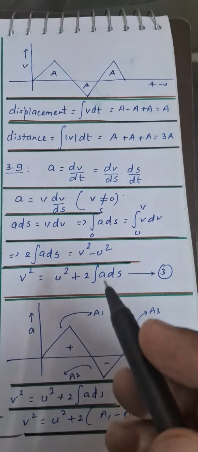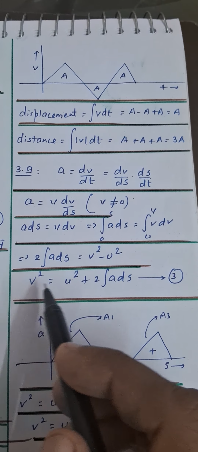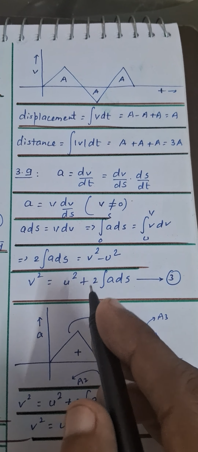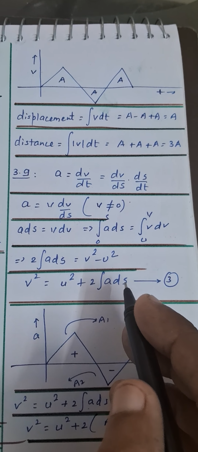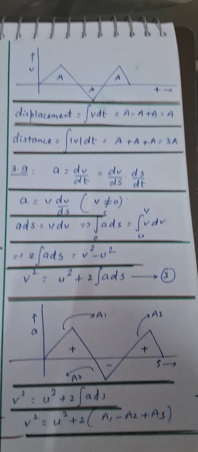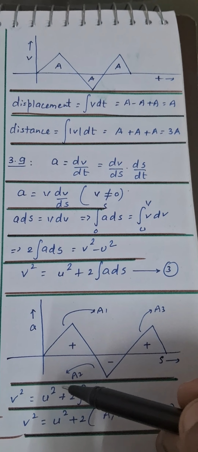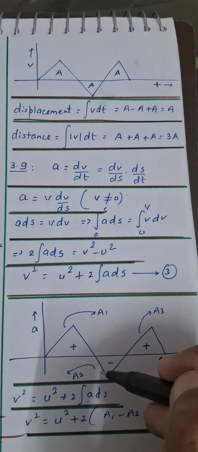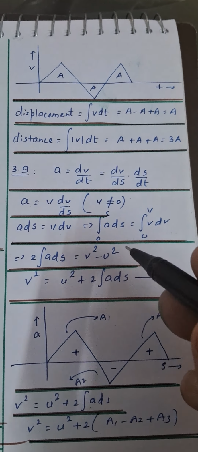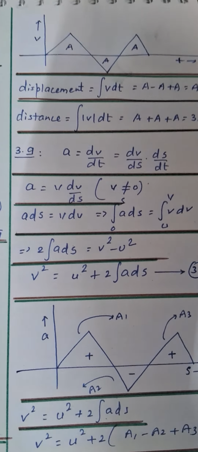Solving this equation, it gives v square is equal to u square plus twice integration of a ds. This we refer to as the third equation of motion. Then we have analysis of an a-s curve like this, and here integration of a ds is A1 minus A2 plus A3. So this is another relation that we have got.